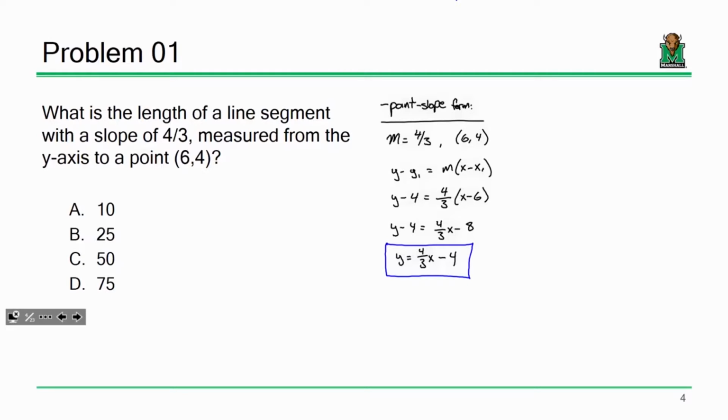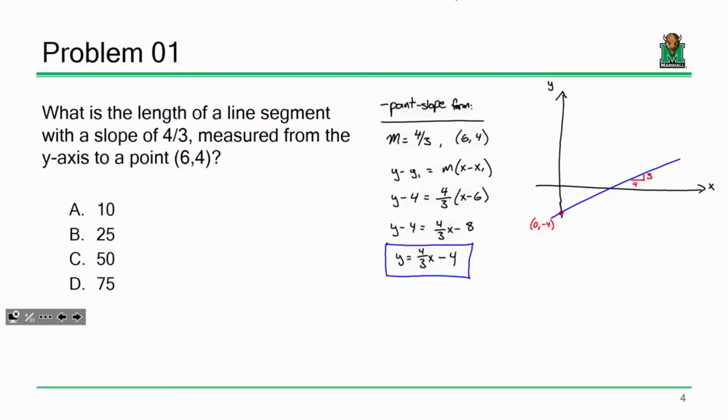Now, let's take a look at the graph of that line. What would the graph of that line look like? Well, it would look something like this. Here's the x-axis. Here's the y-axis. We would start off at the y-intercept, maybe something about right here, where that is 0, minus 4, and the line would look something like that.